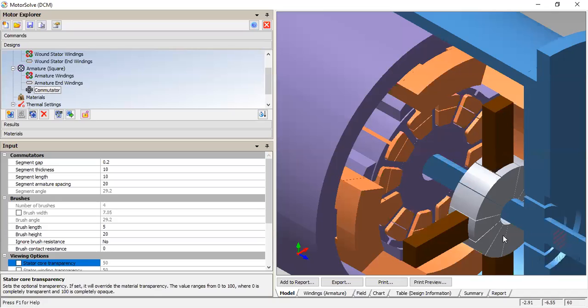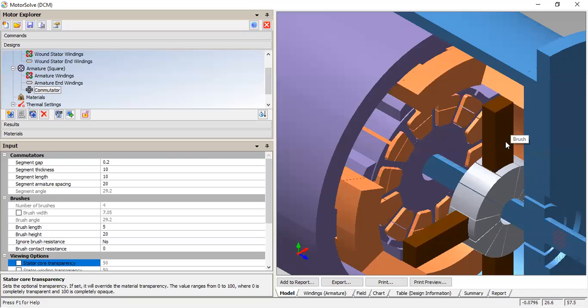Now we want to take the supply outside. We cannot take the supply directly from the commutator, so in order to take the supply from the generator, we go for the brush arrangement.